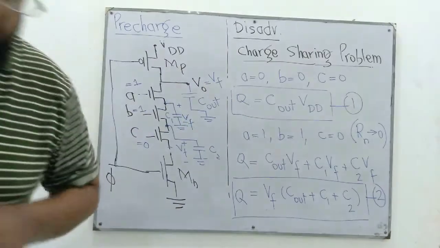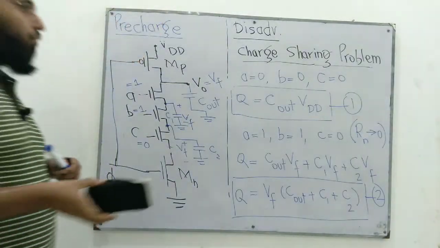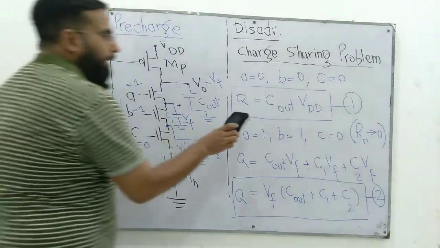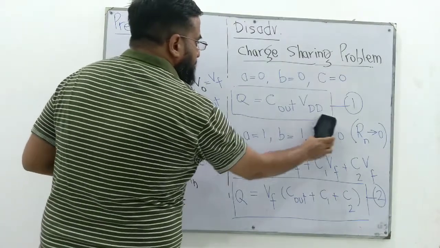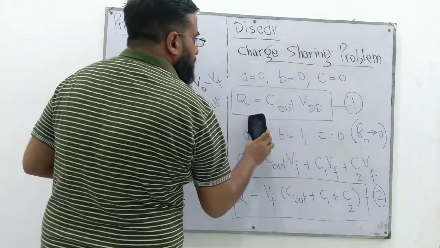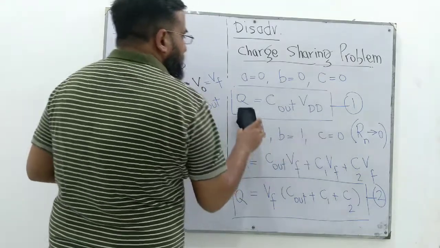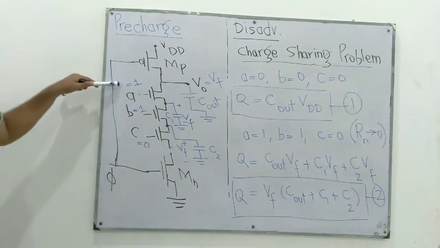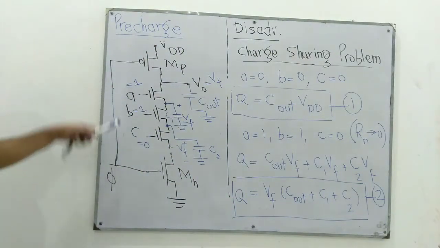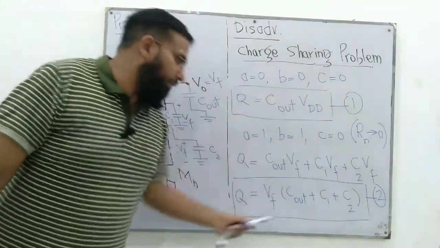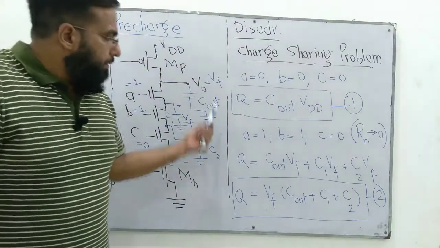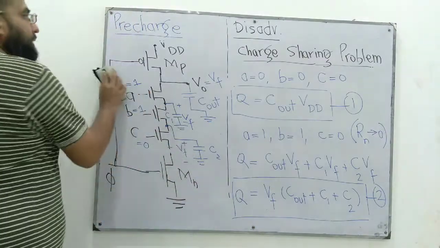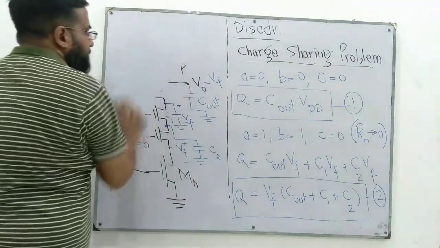Now we have one equation when there was no loading effect, when all these transistors were off, and it took us to the equation where Q is Cout times VDD, and when we have turned two transistors on, we reach here. But the left hand side of both equations 1 and 2 is the same, so we can compare them together.